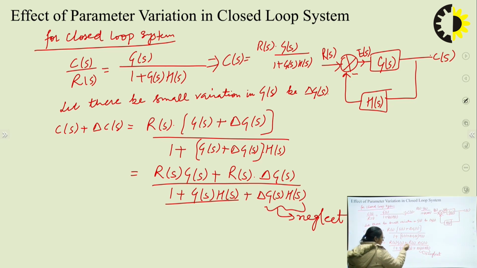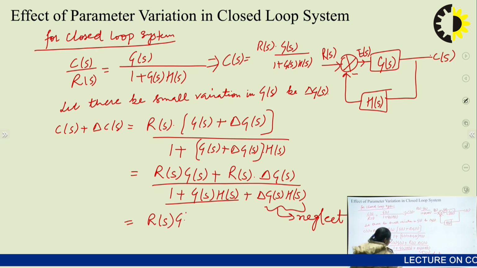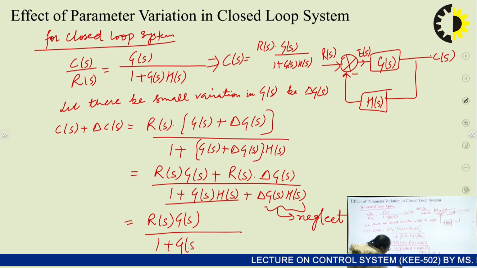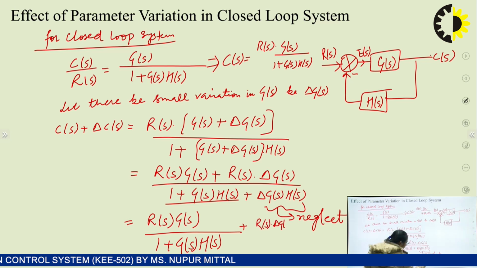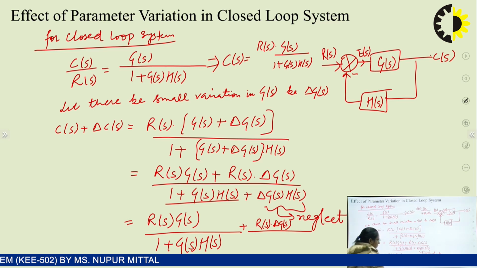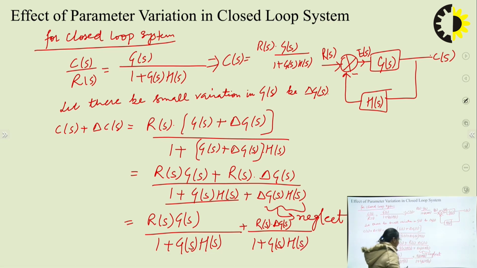Now I'm splitting the numerator. I can write it as Rs Gs upon 1 plus GsHs, plus Rs into delta Gs upon 1 plus GsHs, right?